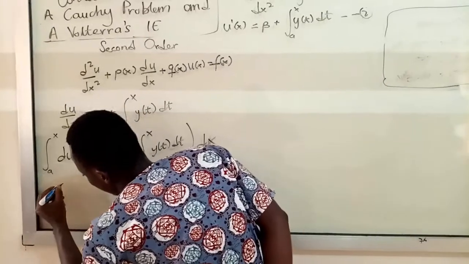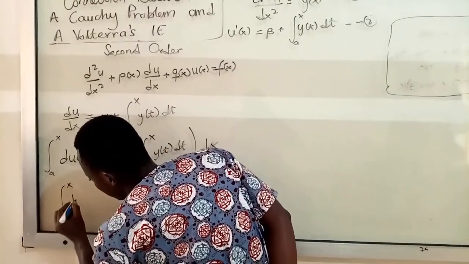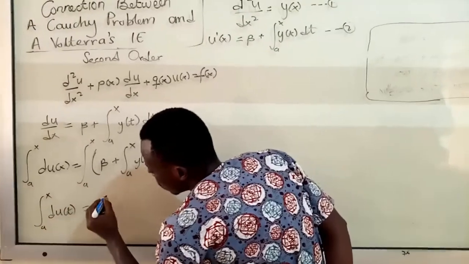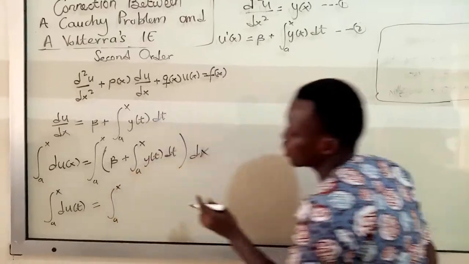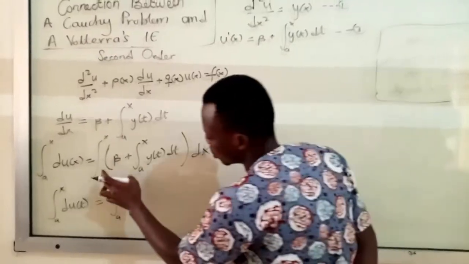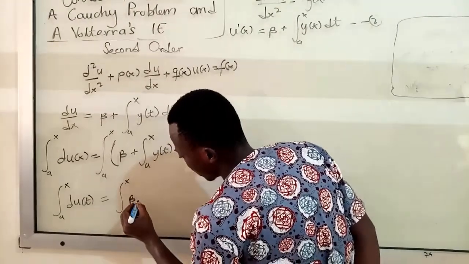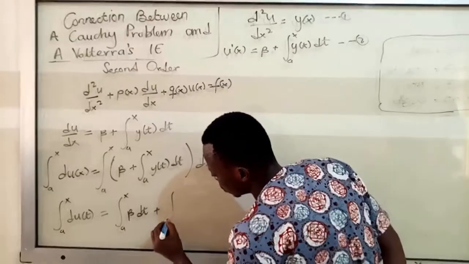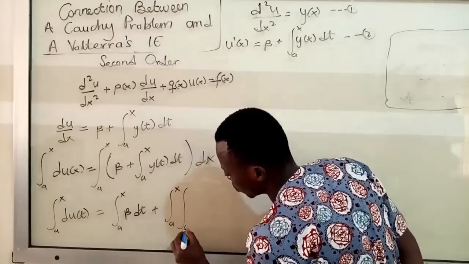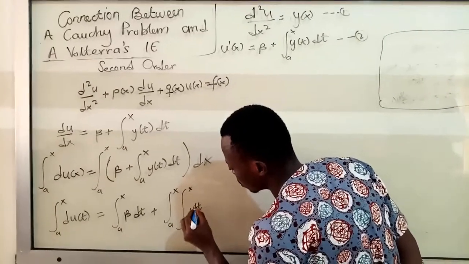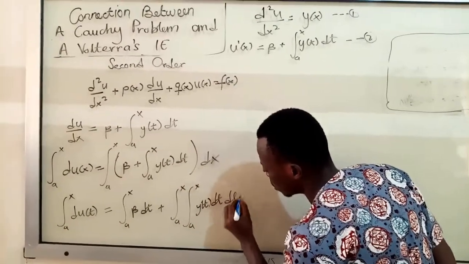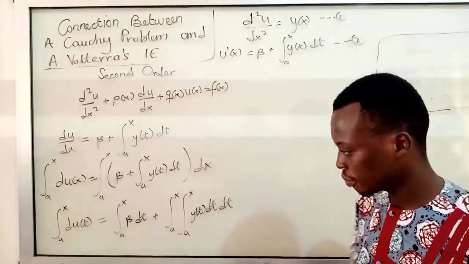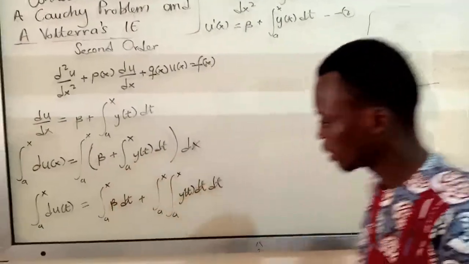I'm going to have the integral from a to s of du of t equal to the integral from a to s of beta dt plus the integral from a to s, another integral from a to s of y of t dt dt. The integral sign is a linear operator. This integral and this integral, so we're going to have a double integral here.